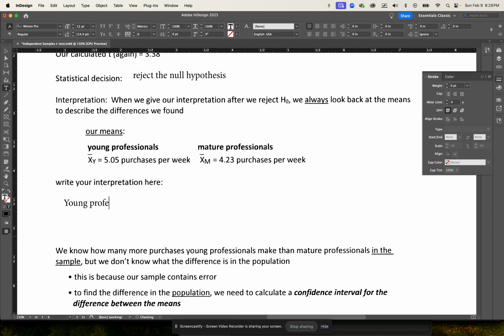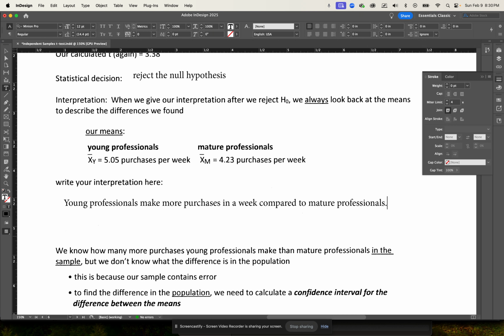So we're going to say young professionals make more purchases in a week compared to mature professionals. That's it. So you can tell your manager, let's use young professionals in our imagery because they make more purchases.